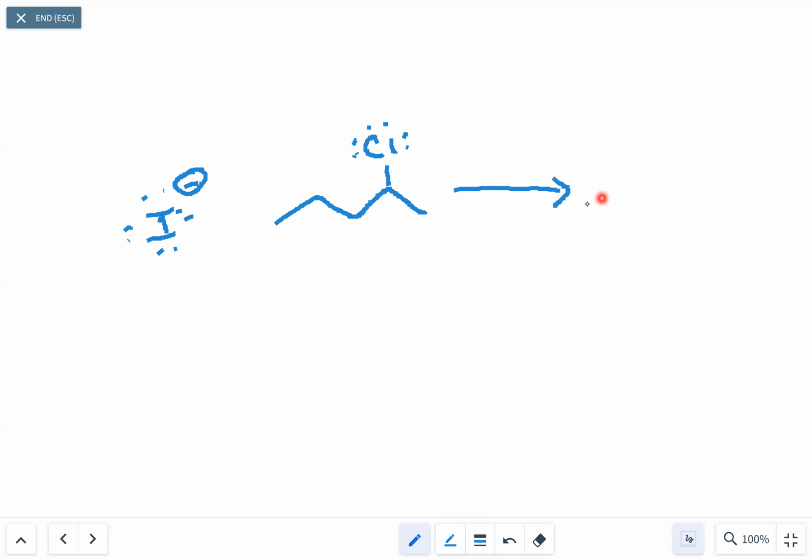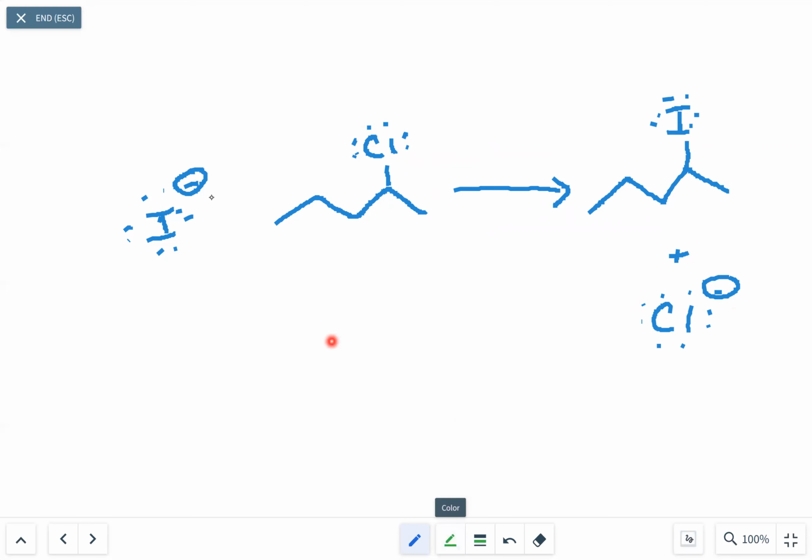Earlier today, we had iodine and we had a chlorine atom here, and we did this reaction to make this, and we drew this.